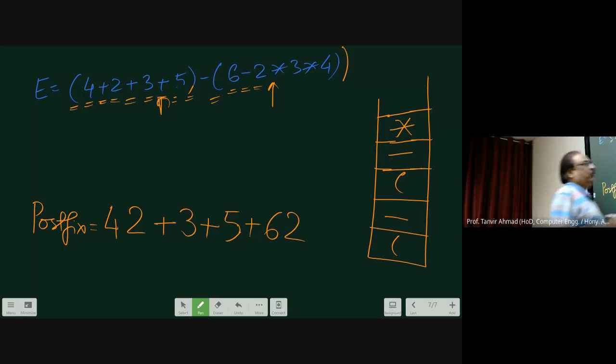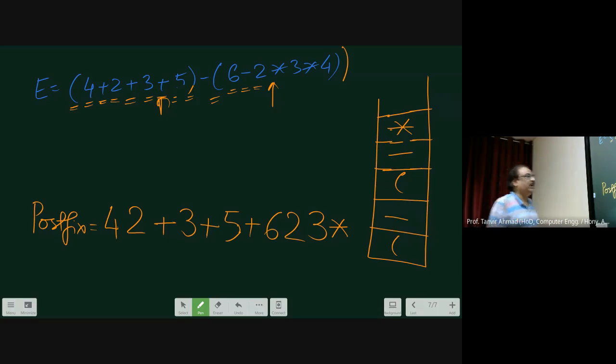Then you find 3, you put 3 over here. Then you find a star. Now a star is there, but on the top there is already another star. Since it has the equal precedence, I have to pop this star out and put it over here. And then I have to push this star over here.